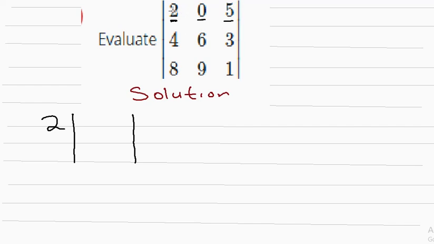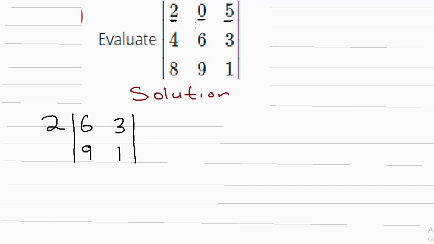The row of 2 is what I have here, and of course the column of 2 is what I have. You've seen that. So what matrix do I have left? The matrix I have left is just 6, 3, 9, 1. So that is the minor of 2. The minor of 2 is 6, 3, 9, 1.